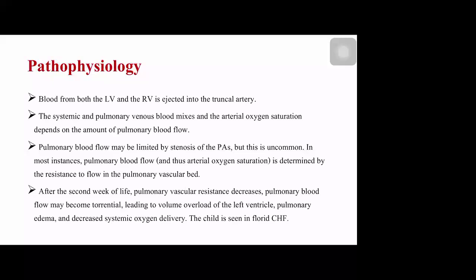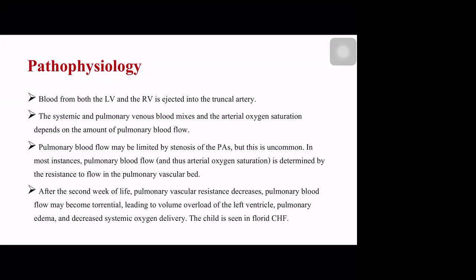Now, what happens in the initial newborn period, when the pulmonary vascular resistance remains high, the flow through the pulmonary bed is restricted, is limited. That will cause a dip in arterial oxygen saturation, and there will be a certain amount of mild to moderate cyanosis.